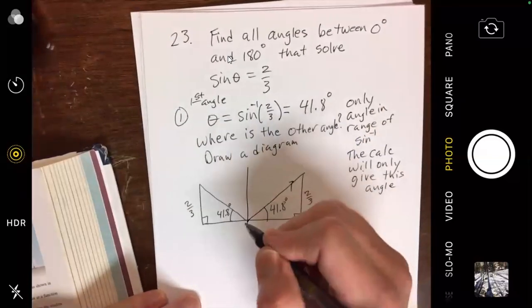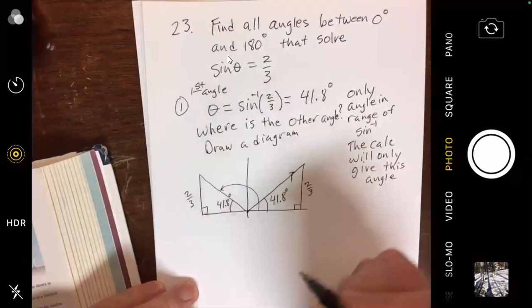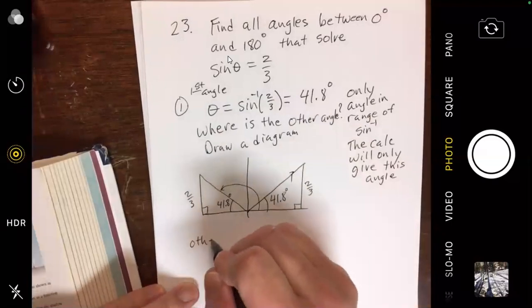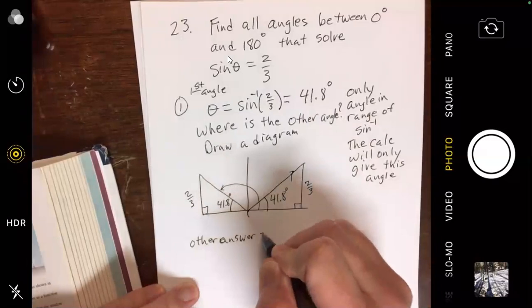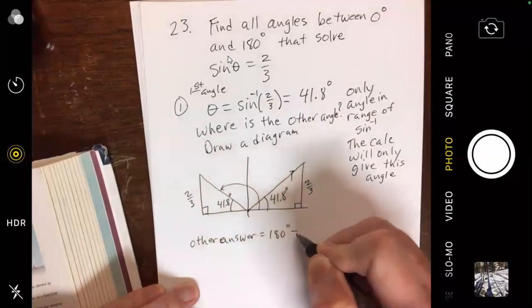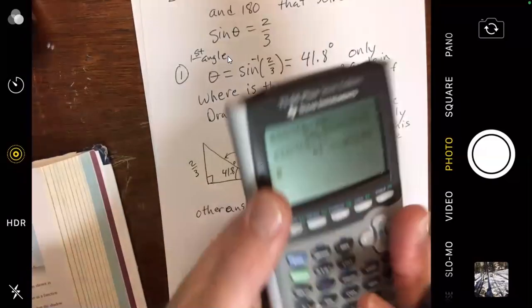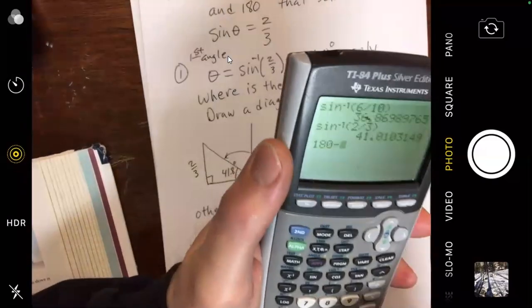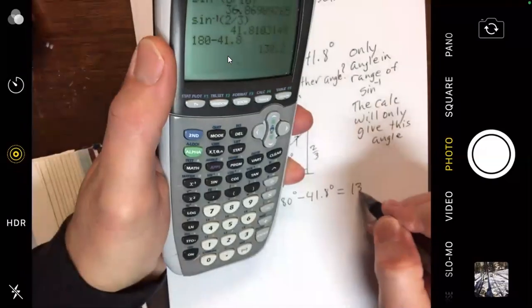The other answer is 180 degrees, subtract 41.8 degrees, which is 138.2 degrees.